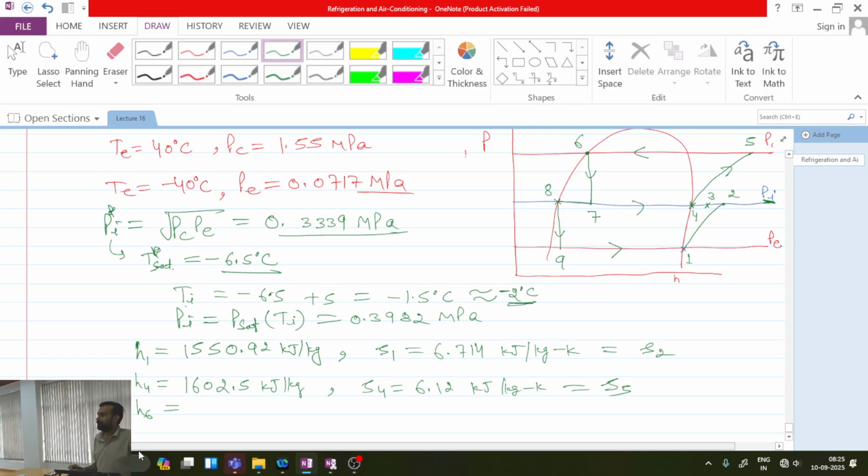Please tell me quickly. 1633.06? Wrong. It cannot be that high. 533.7. 533. You got the point? It should be saturated liquid. And whatever is H6, the same will be H7, because 6 to 7 is an isenthalpic process.